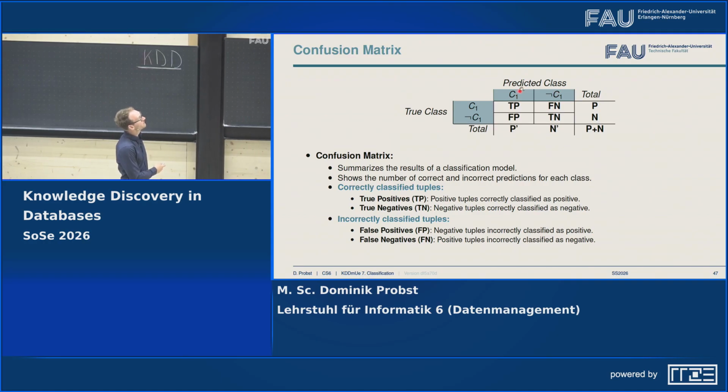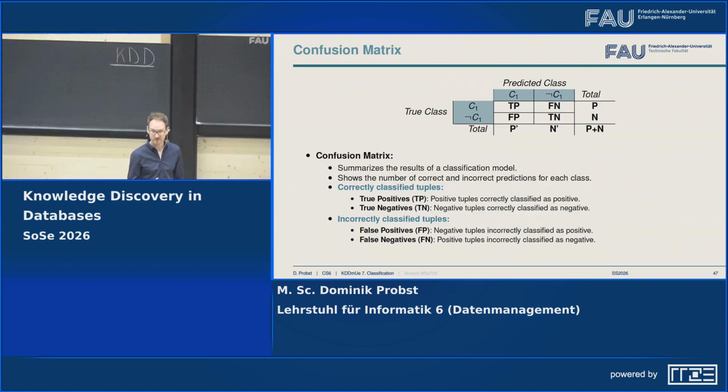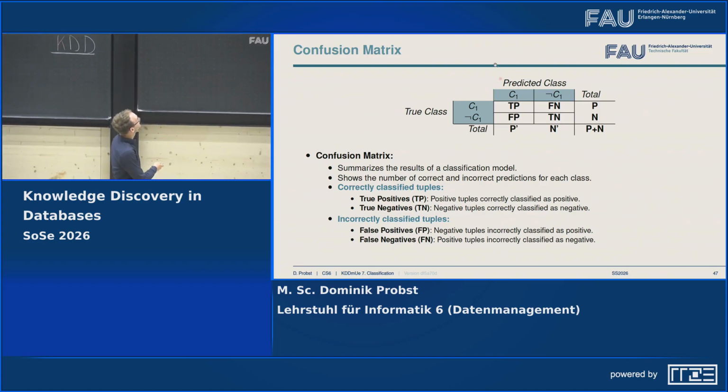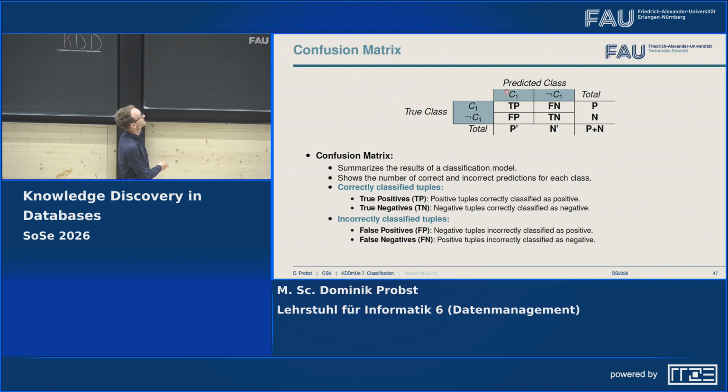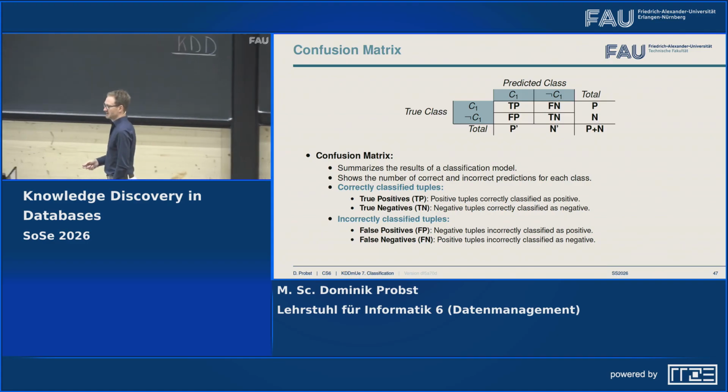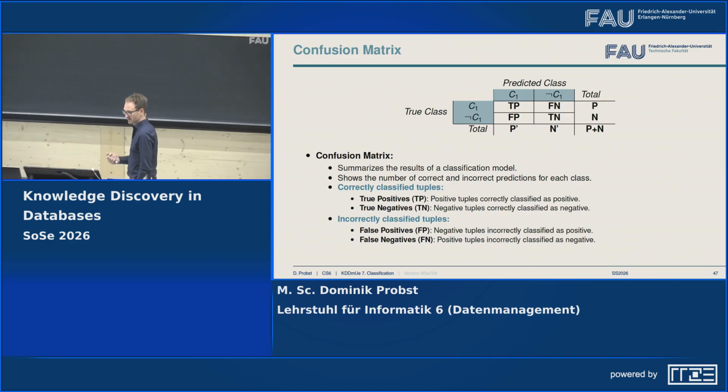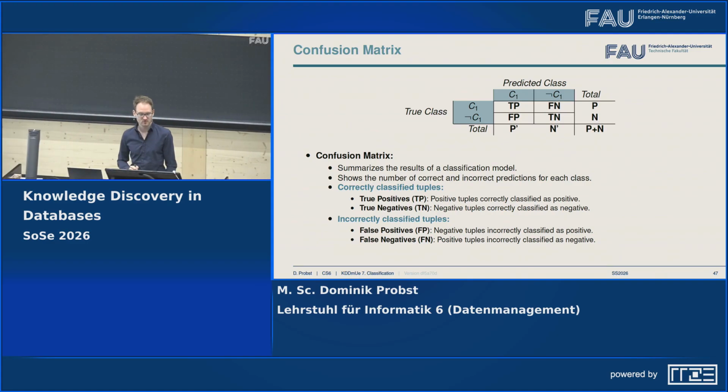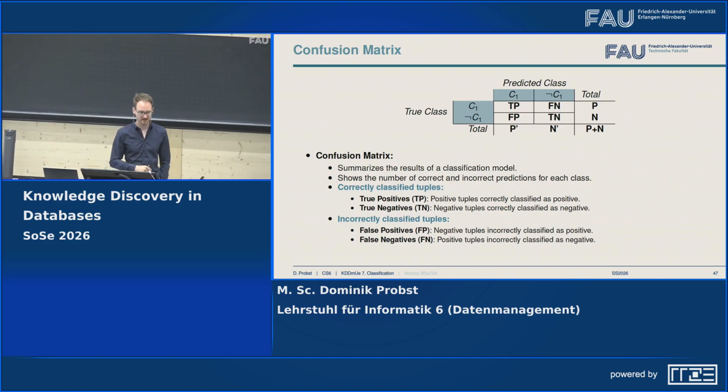So if we want to predict, for example, buys computer, like in our example previously, this would be class buys computer, and this would be basically any other class. Since we only have one other class, it's class no in this case. So C1 is buys computer, not C1 is basically any other class.